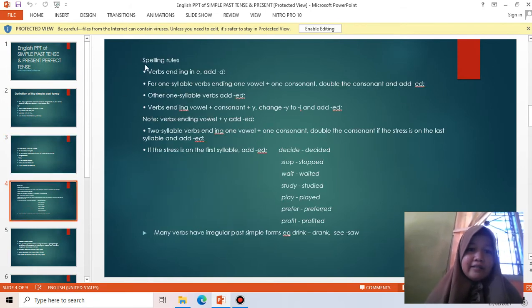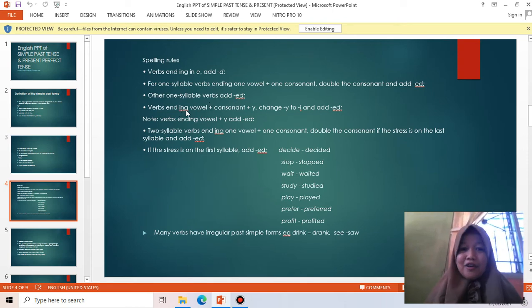So, these are the spelling rules of adding d or ed to verbs. As you see, for verbs ending in e, we add d. But for one-syllable verbs ending in one vowel plus one consonant, double the consonant and add ed. Other one-syllable verbs add ed.